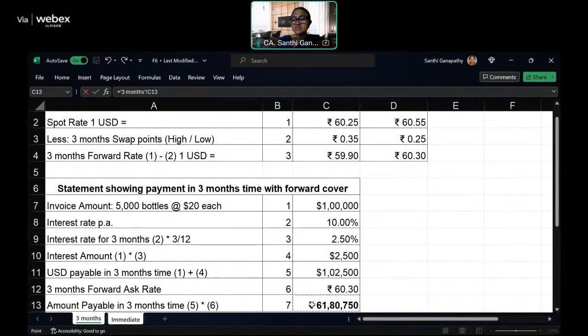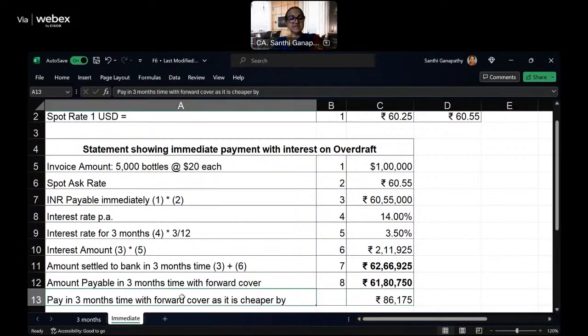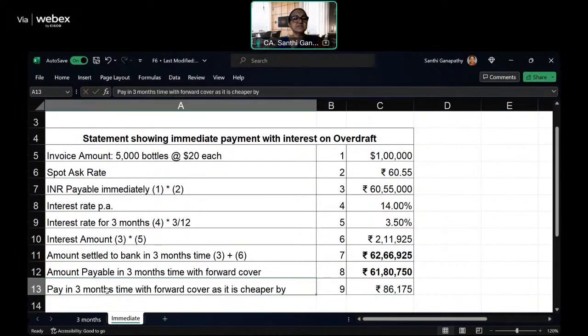That is 61,80,750. So paying in 3 months' time with forward cover is cheaper. This will be your decision. It is cheaper by 86,175. That is your answer.